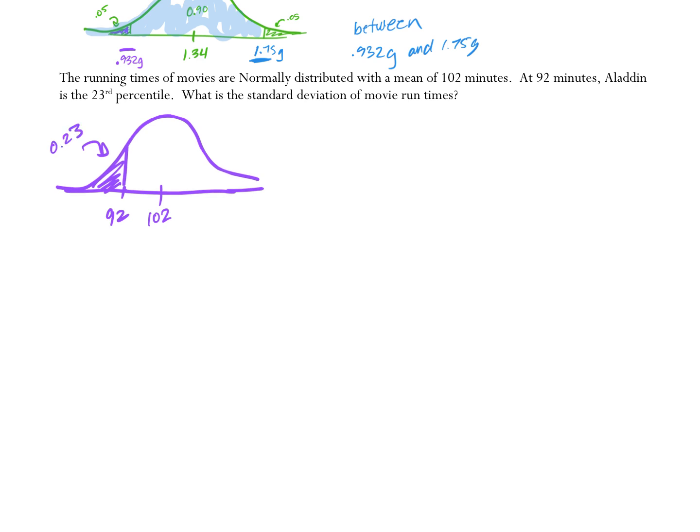We want to find the standard deviation. So in this case, if I don't know both the mean and the standard deviation, using that function on the calculator doesn't work. So does anybody remember what we did here? We did have some questions like this.